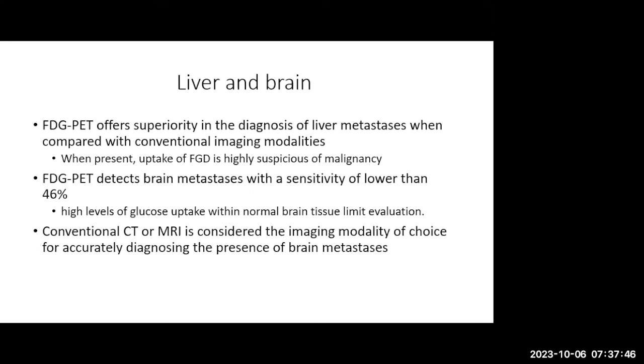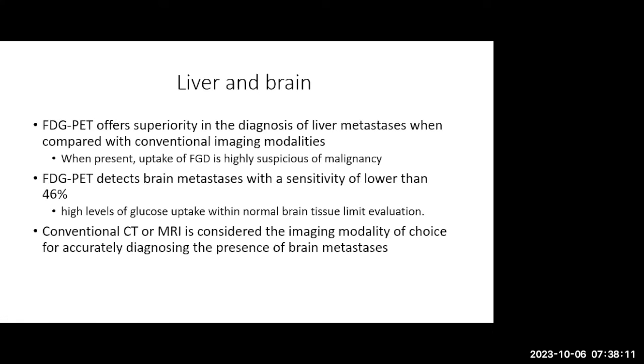Liver and brain. For liver, it is superior in general. If you see a focal increased uptake above the liver background, that is usually concerning, and when present, it is highly suspicious of malignancy, and it usually is malignant and metastatic. For brain, it's another story, because as I showed you at the beginning, the brain uptake is very intense.